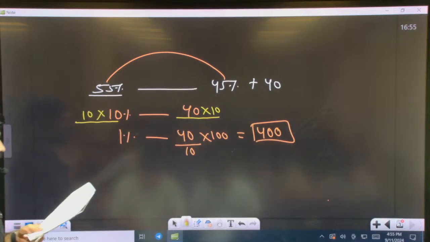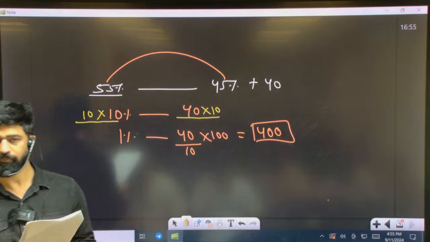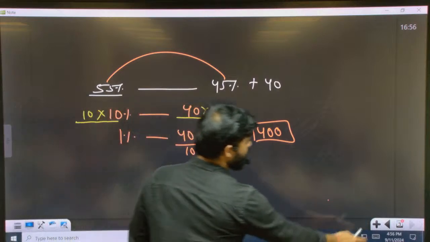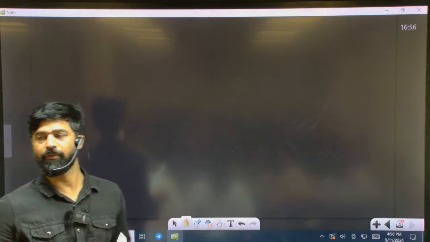A student got 30% marks and failed by 25 marks.